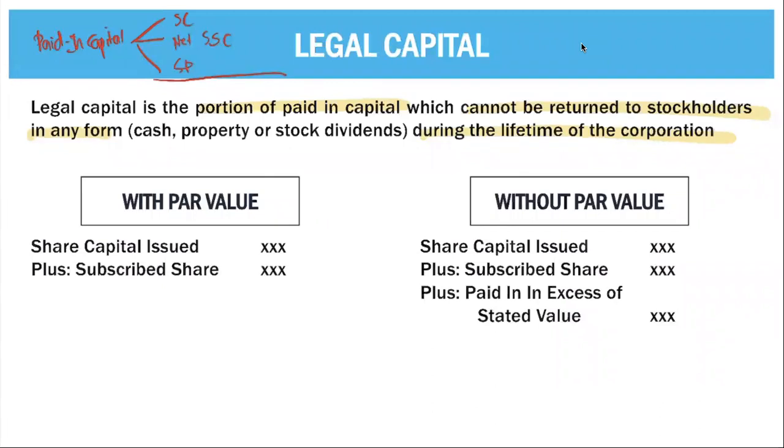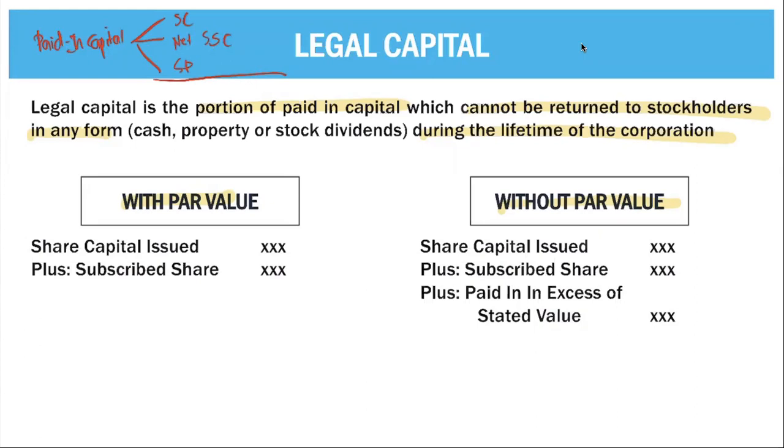So when we talk about legal capital, we just need to look into the amount of this capital which cannot be returned. So we look as to the type of your shares, if the share is with par value or without par value. If the share is with par value, to compute for your total legal capital, you just get your share capital issued, you add any subscribed share. While if it is without par value, you add the share premium in excess of the stated value.